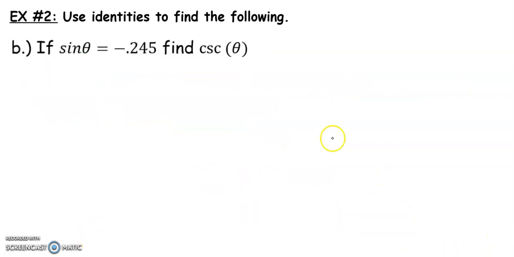All right, let's try the next one. If sine of theta is negative 0.245, let's find the cosecant of theta. Well, cosecant is 1 over sine. Sorry, I just had a little brain fart there. So we know what sine is. Sine is negative 0.245.